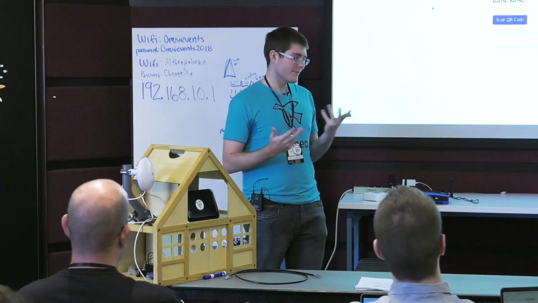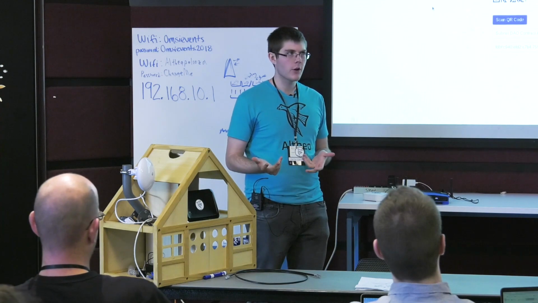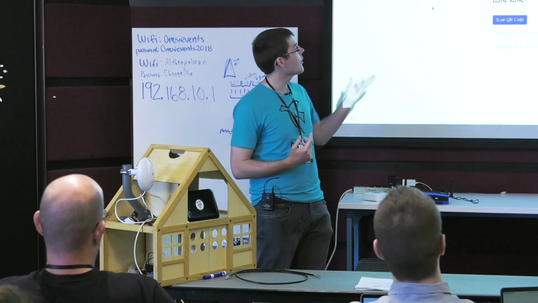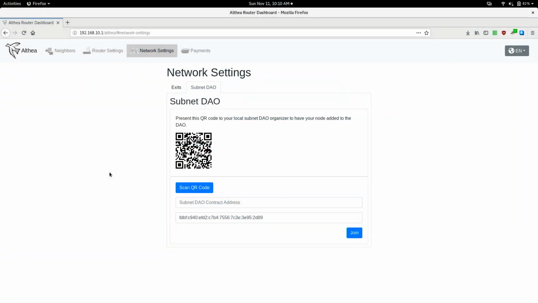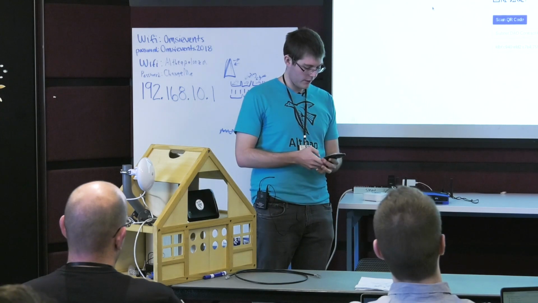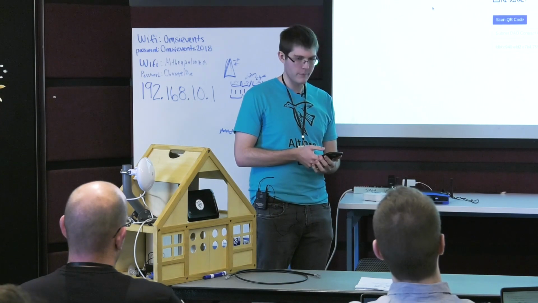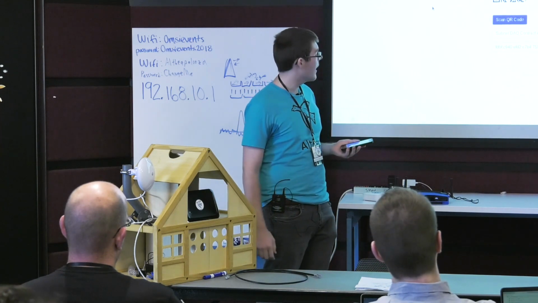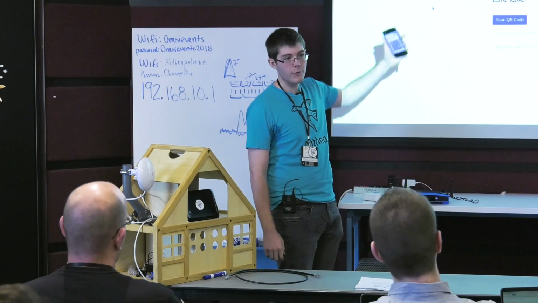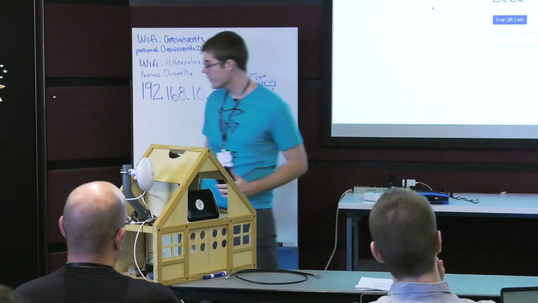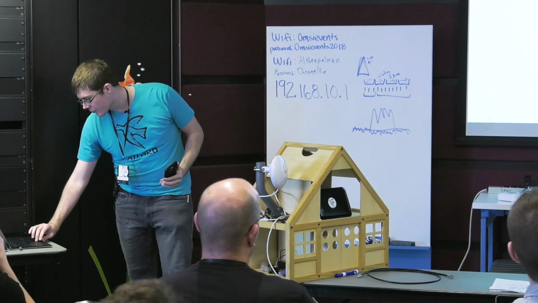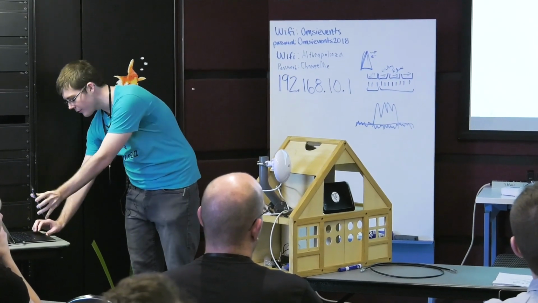But obviously if you don't have an IP, you can't talk with somebody else that has an IP to get an IP. So we use QR codes as a cool little side channel. The subnet DAO manager or operator would have an Althea app on their phone, and they could scan the QR code for the router, and then the router could scan the QR code from their phone, and we successfully complete the exchange.